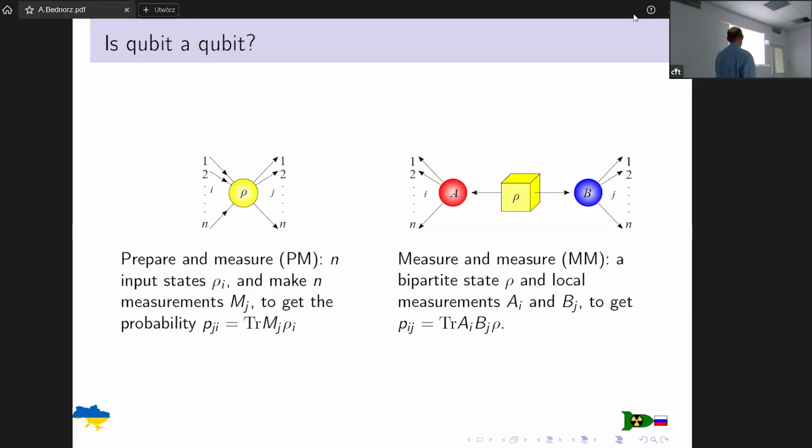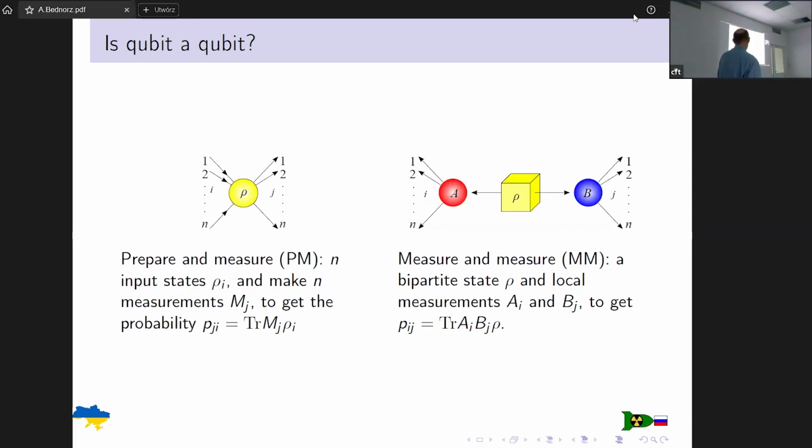The first idea is that you prepare a qubit in some state and then measure it in a different state. So you have an initial state and a final state, and what you measure is, as always in quantum mechanics, a kind of probability. The formula for this probability is very short.